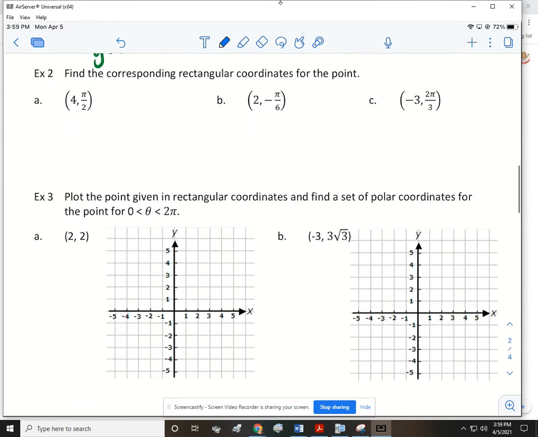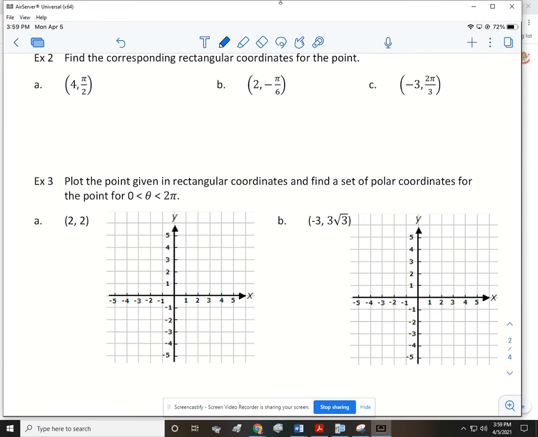Same exact rules. All right, so let's do this. On example 2, we have polar coordinates, r and theta, and we're going to change to x's and y's. To find x, I'm going to take my r and multiply it by the cosine of theta.